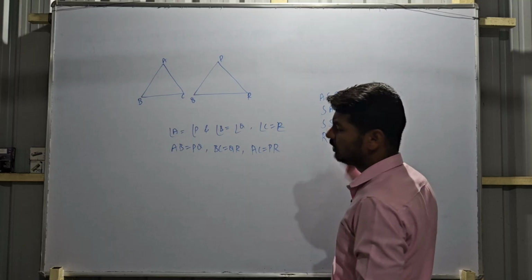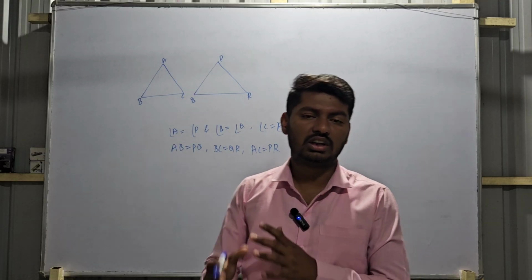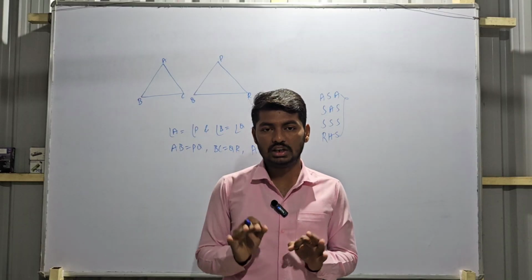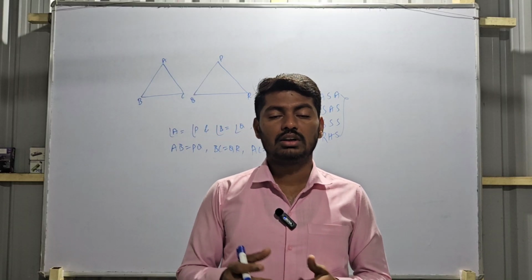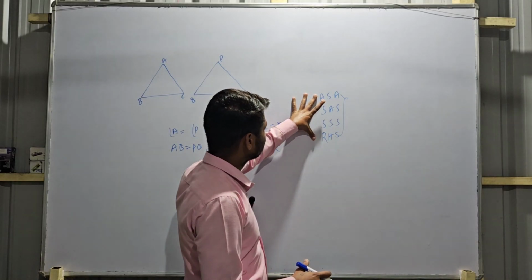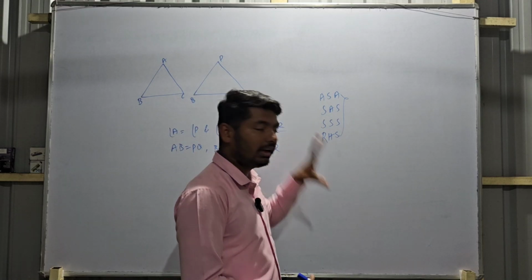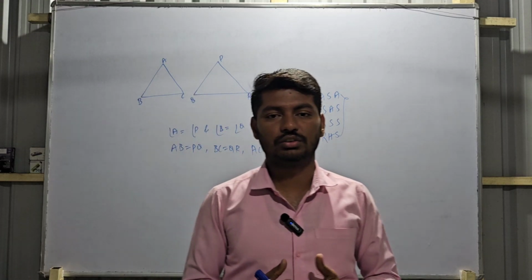Like this we have 4 criteria in which we can say that two triangles are congruent using 3 parameters. In this video we will be discussing thoroughly the criteria of congruency of triangles.